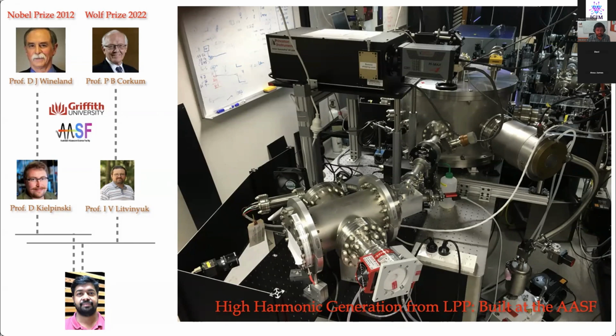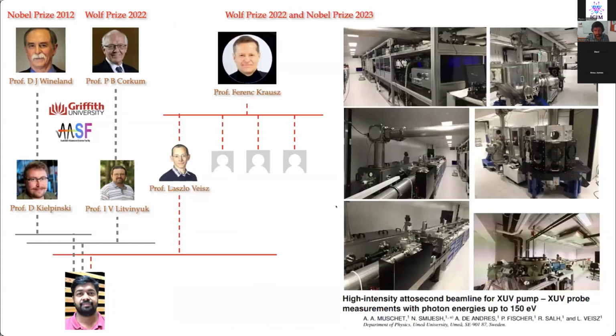And then what I did was, at the Australian Attosecond Science Facility, I built this facility along with one PhD student and two master students. This facility could look at harmonics around 70 eV. And now in Sweden, I'm fortunate to work with Professor Lars, where we could generate a setup where we can do XUV pump probe experiments at 150 eV.